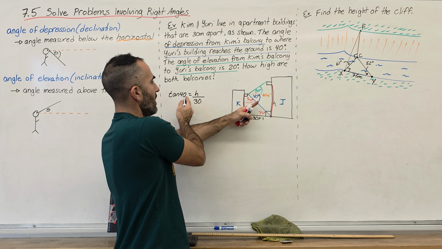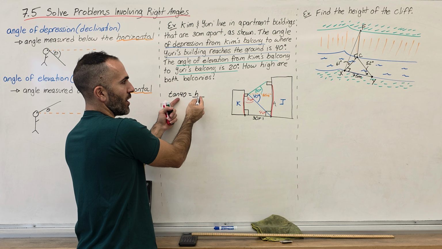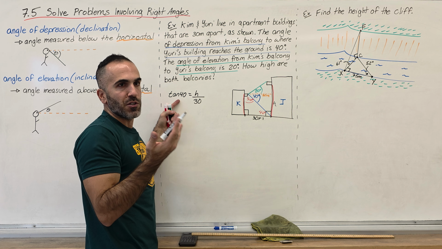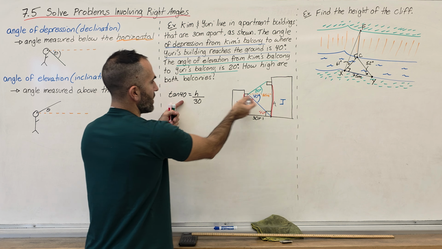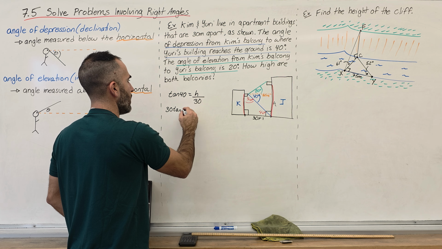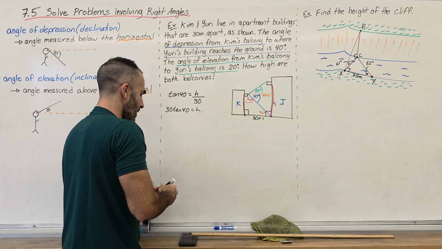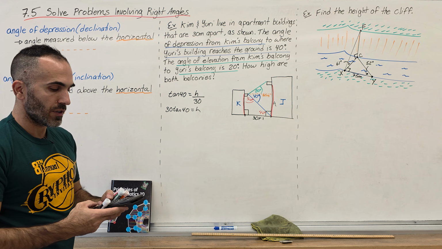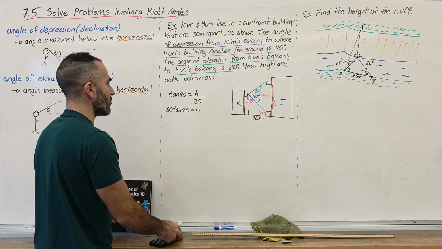Immediately, it's tan. I know tan is OA, so as I'm writing over here, opposite of 40 is H. It's not the hypotenuse H, it's just the height. And this is the adjacent, 30. Now I do 30 tan 40 is H. And now I finally pick up my calculator. 30 tan 40 equals 25.2.